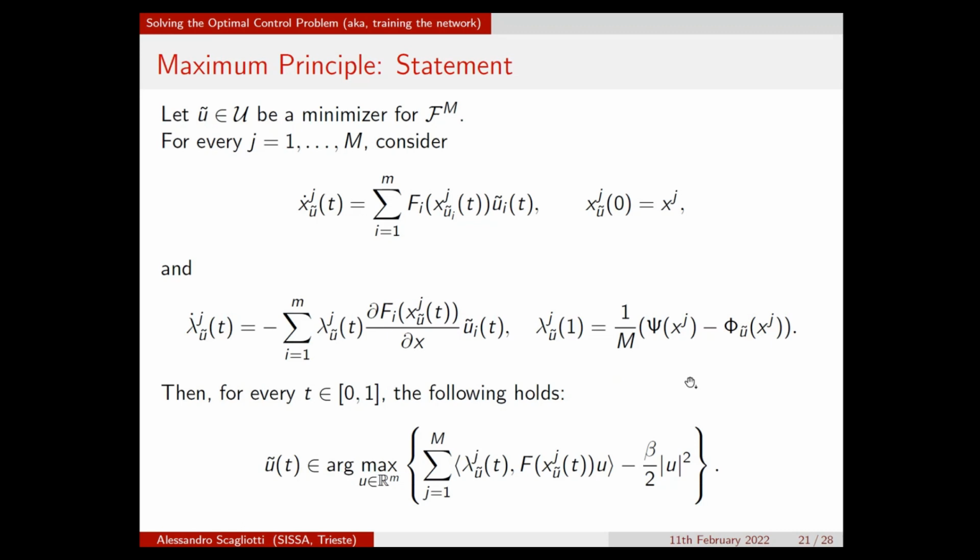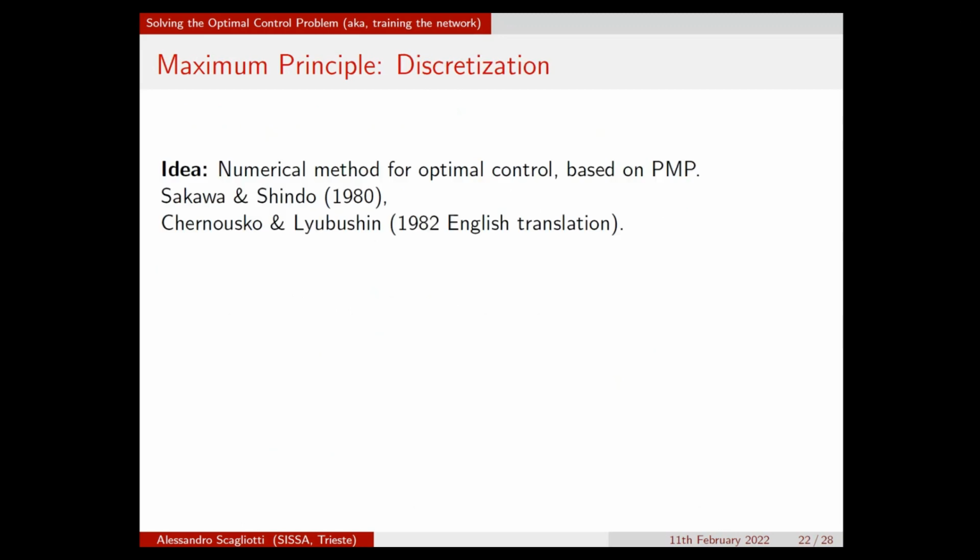Now, the only important thing that I would like you to keep in mind is that the maximization of this object, which is called the Hamiltonian, is extremely simple if the system is linear with respect to the control. In the case of a linear control system, this maximization process can be solved exactly at an extremely low computational cost. So that's essentially the numerical reason why it should be interesting to study this kind of linear control systems.